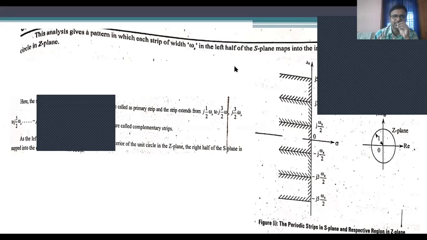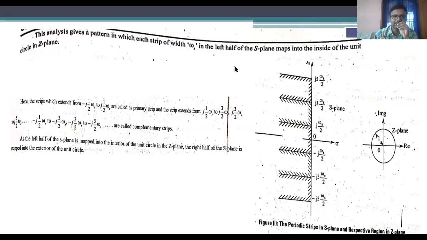When that particular portion of the S-plane is surrounded with the unit circle, that means the left hand side portion of the S-plane is mapped to the interior part of the unit circle, then that particular portion is going to be considered as the stable system. And also the portion between j omega by 2 and minus j omega by 2 is going to be considered as the primary strip and the remaining portion is going to be considered as the complementary strips.